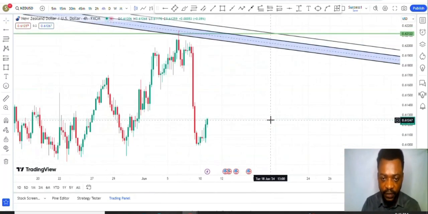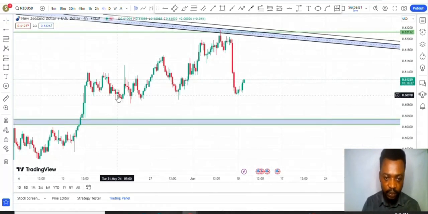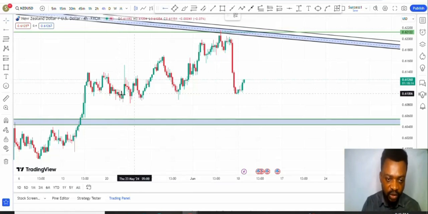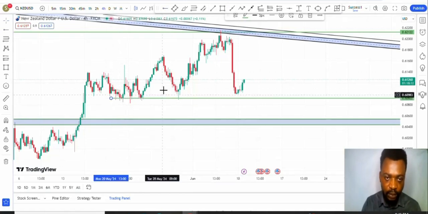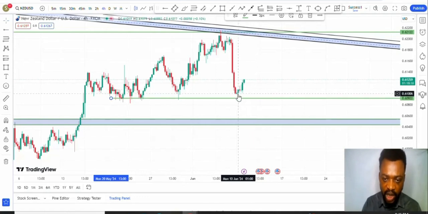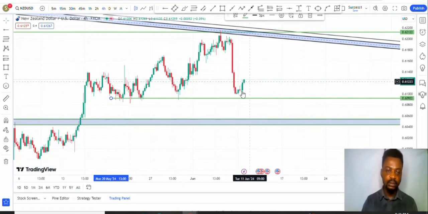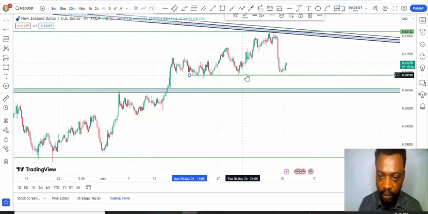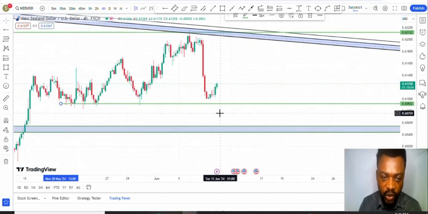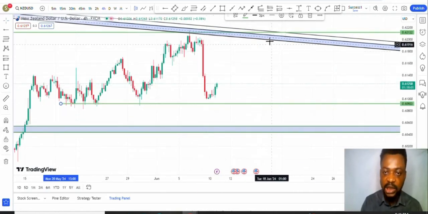Let me see from the 4-hour time frame because the price is already building up. It got here and just went shy of this level before it went up. That's typical of New Zealand USD.